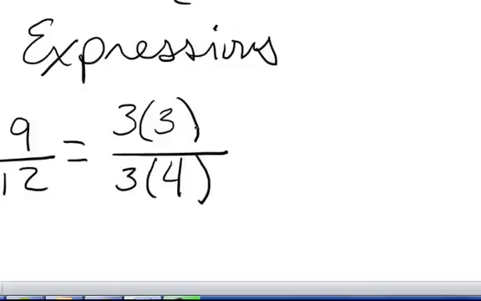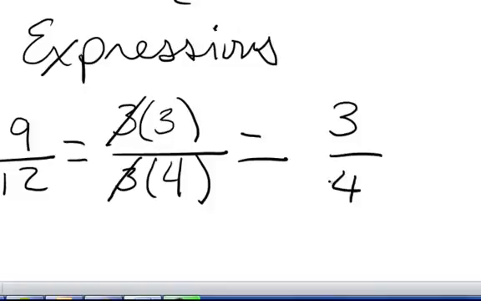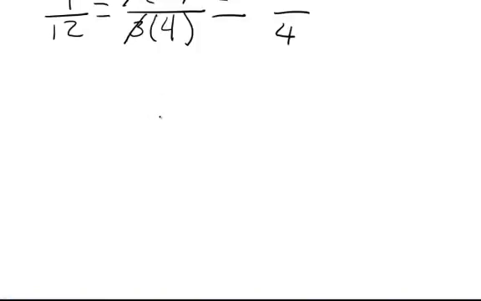Notice we've written this in terms of factors, and we see that the numerator and the denominator share a common factor, and we reduce those two factors out, and this simplifies down to 3/4. So this is what you're used to doing with the real number system, and we're going to do the same thing with rational expressions.